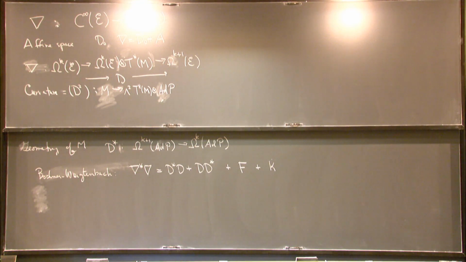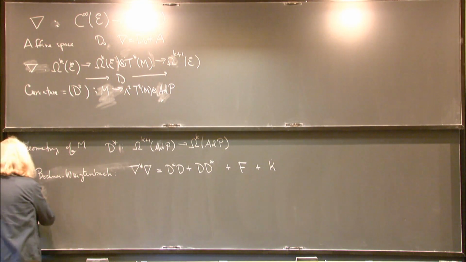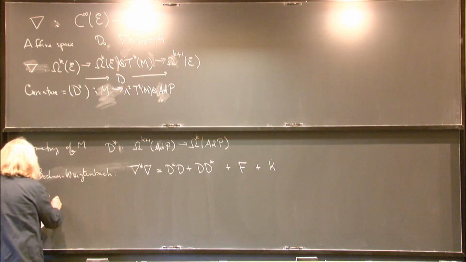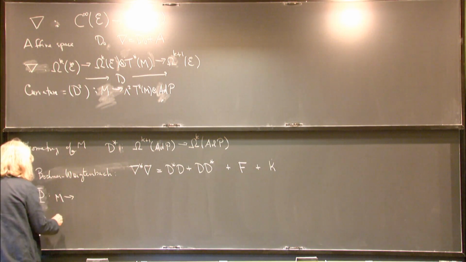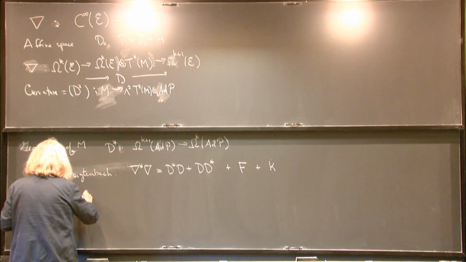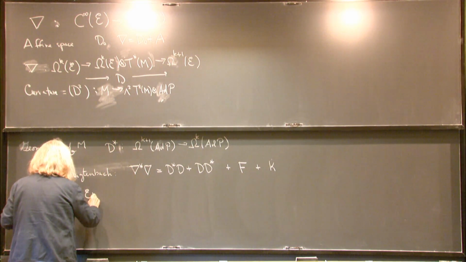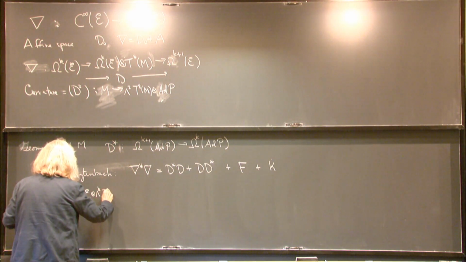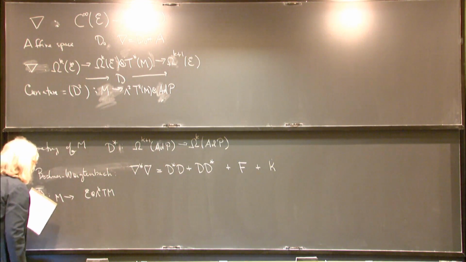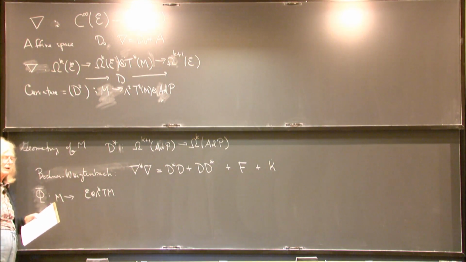We can also have a Higgs field, phi, which is a section of the bundle which goes into some associated bundle. I'll just write E tensor wedge K T M. We can have Higgs fields that map into associated bundles, okay?